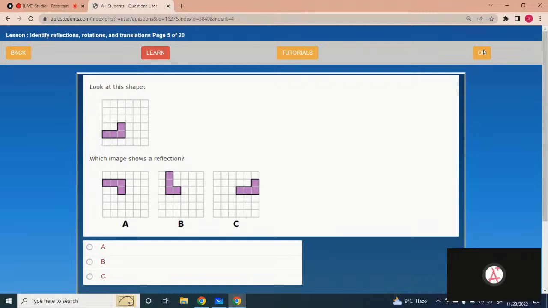Yes, very good. Option number A is the reflection. Just select the correct option, then click on the OK button.